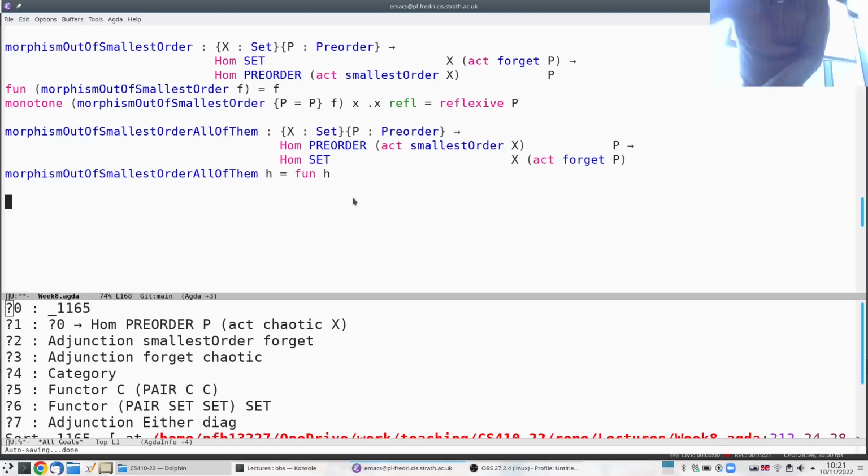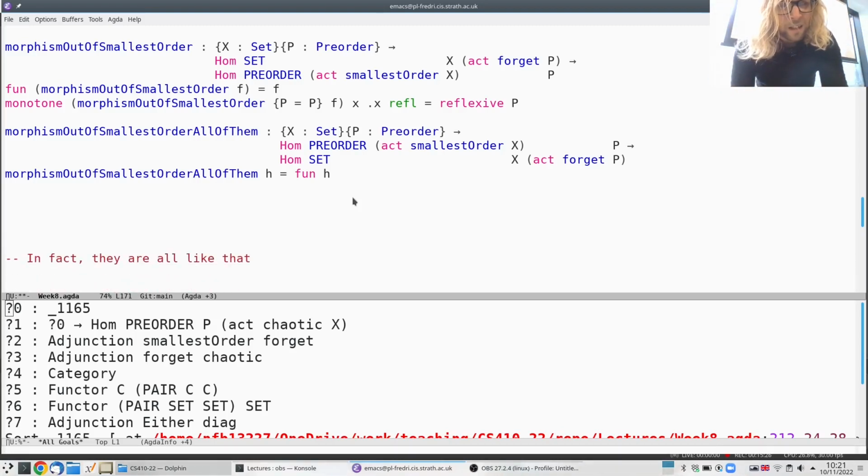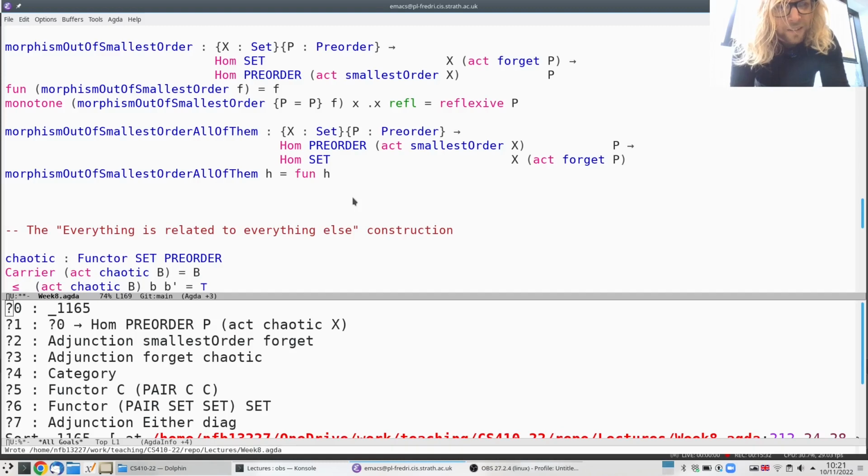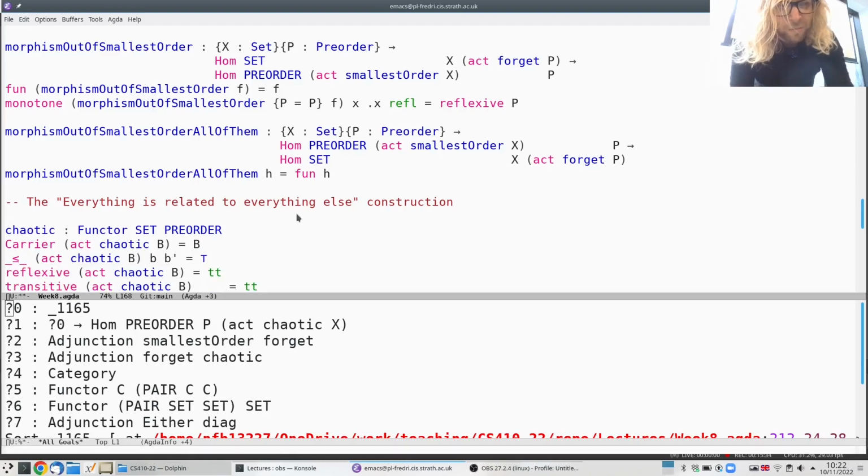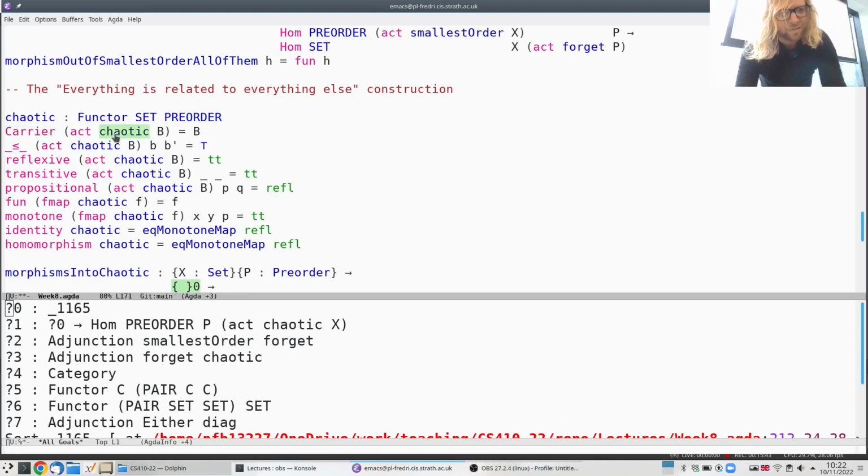And in fact, that's the thing we talked about previously, the chaotic order, where we make everything related. So I'm saying that the carrier for the chaotic order on a given set B is B, and B and B prime are related if and only if true, right?